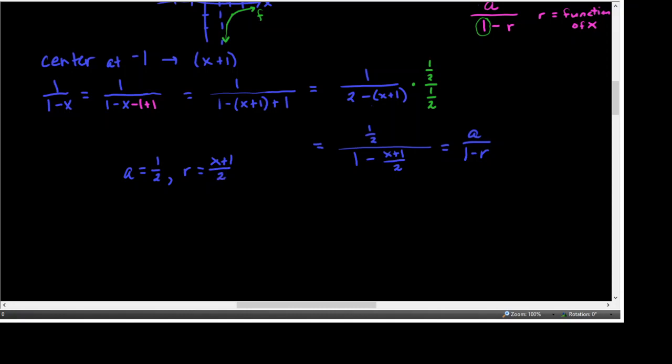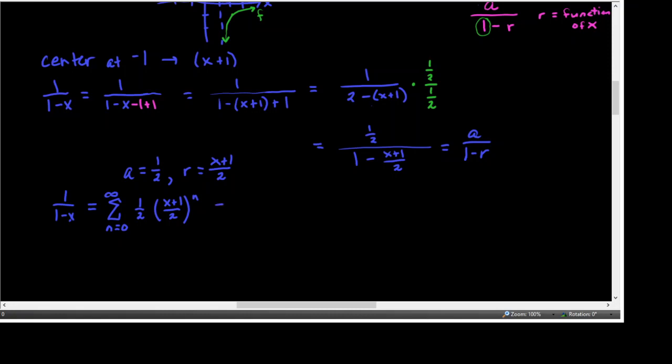And the series, which is now centered at a different place, not 0, for 1 over 1 minus x, will be sigma from n equals 0 to infinity of a, which is 1/2, times r, which is x plus 1 over 2, to the nth.